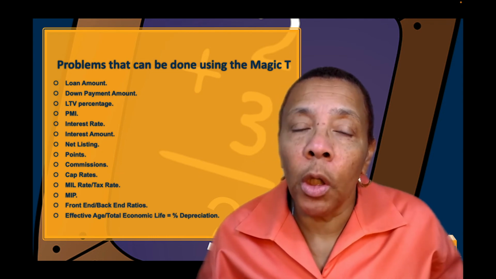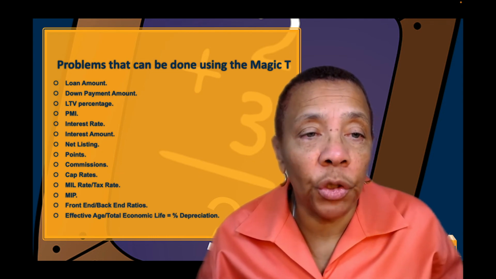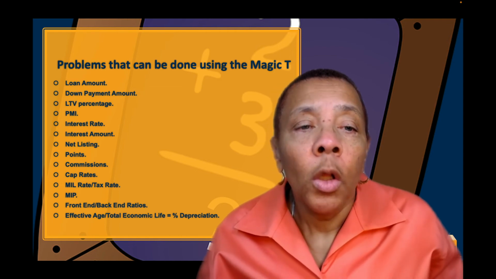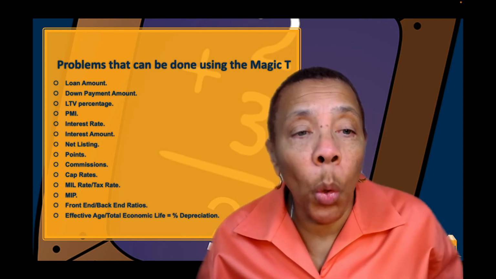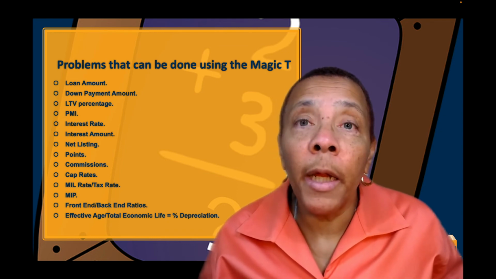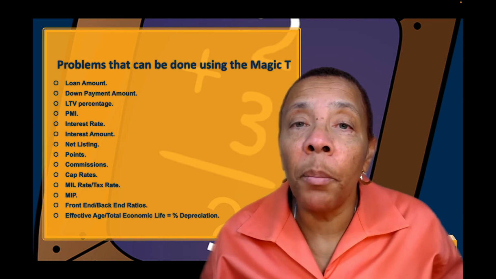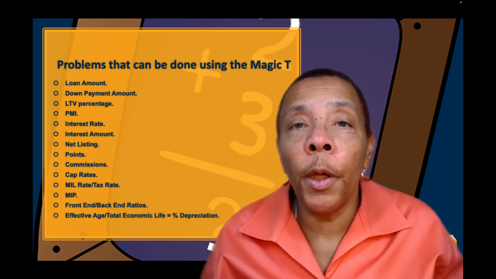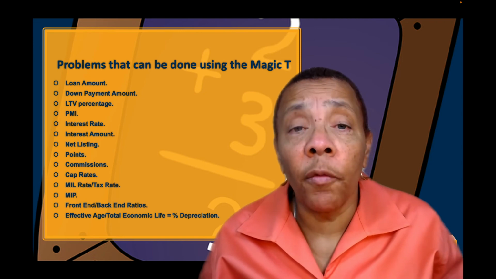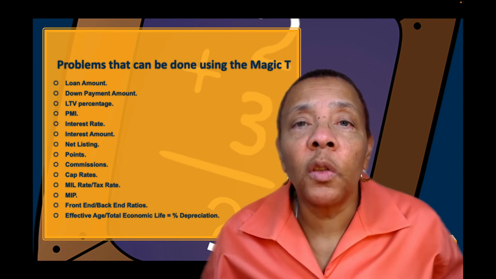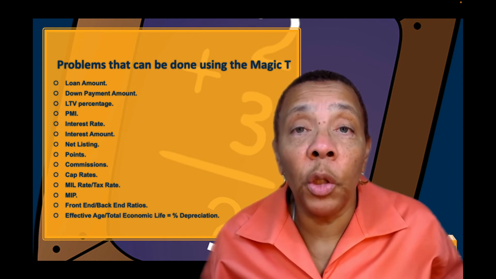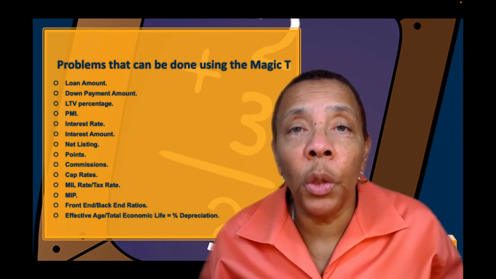When we're calculating the private mortgage insurance, the interest rate, the interest amount, the net listings or points, commissions, cap rates, mill rate, MIP, front end and back end ratios, and depreciation when we are doing the age life method. And so I just put this up here so that you can see many of the problems that we're going to be doing. Yes, we can do it with the T.